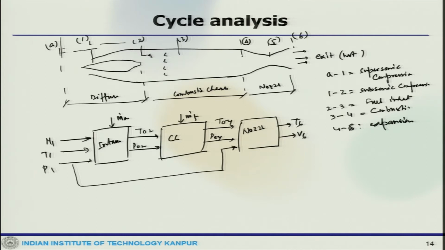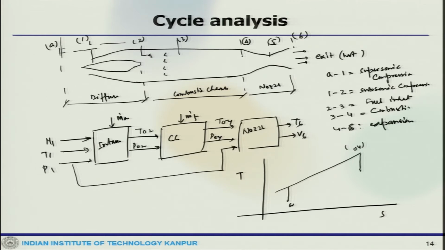Now, once you have the block diagram, you can always put the cycle. Let us say we put the TS diagram. What happens is we go here, this is A, then this is 4, then we come to 6.